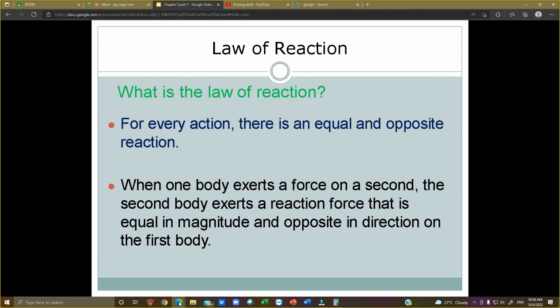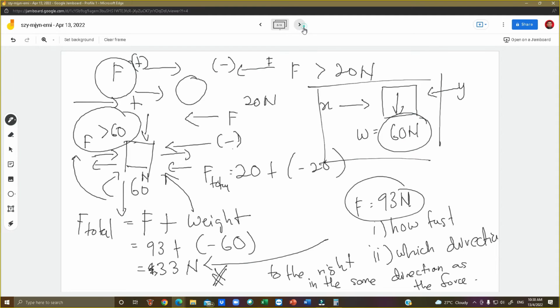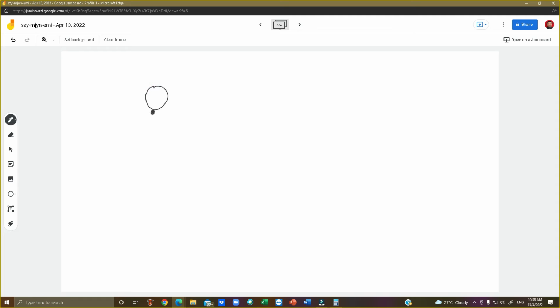Example. Katalah kita ada seorang mamat. Mamat ni gembira. So what happened is, this mamat jump. During the jumping process, when the mamat reach the floor, it give the floor 300 Newton of force.